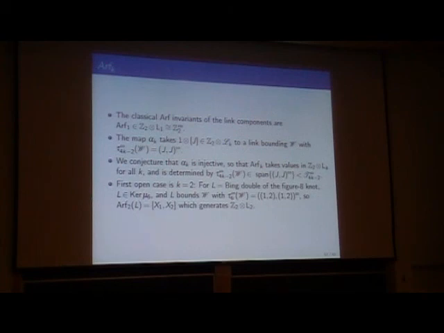But the first open case is the Bing double of the figure 8 knot. So this is known not to be slice by work of Jae Choon Cha. But the question is, does it lie in the next order of the Whitney tower filtration?